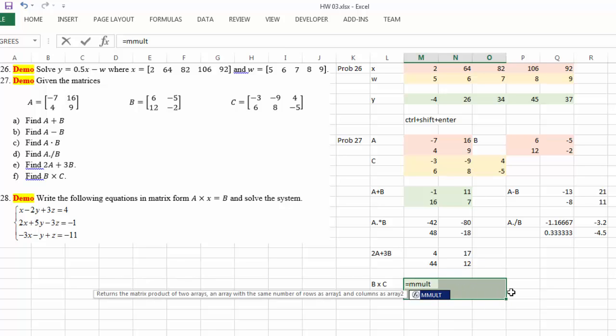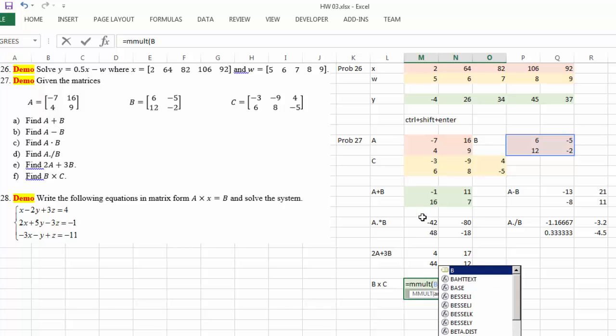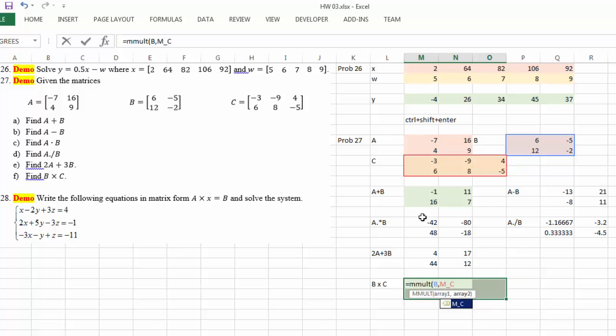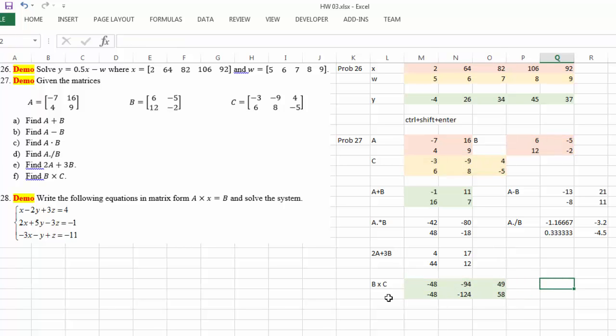That stands for matrix multiplication. So this takes in two arguments, matrix B and matrix C. My naming of matrix C was not successful earlier, so I had to rename that to M_C. And now, don't forget, it's Control-Shift-Enter. And that's the product of matrices B and C.